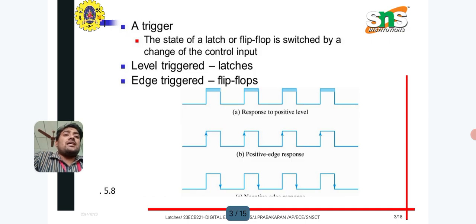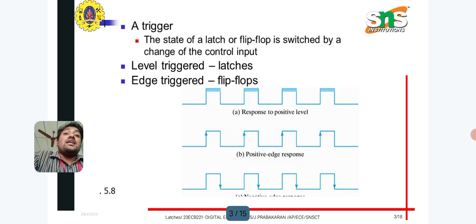And the implications of level triggering: first, transparency. When the enable signal is active, the latch is transparent, meaning the output follows the input. This behavior is often described as the transparent mode. Then hold state.